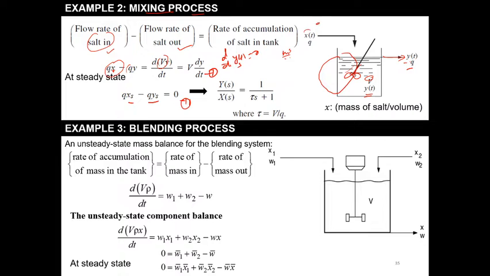Equation 1 minus 2: Q into x minus xs minus Q into y minus ys equals, taking V common, V d by dt of y minus ys. Define the deviation variables, and take the Laplace transform. So it becomes Ys upon Xs equals 1 upon tau s plus 1, where tau is defined as V by Q.